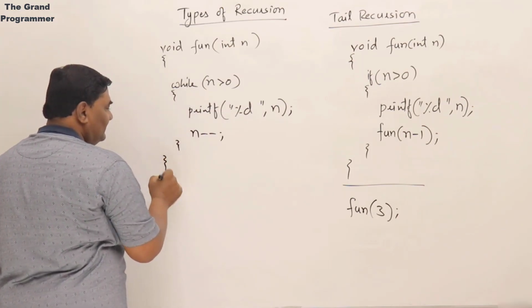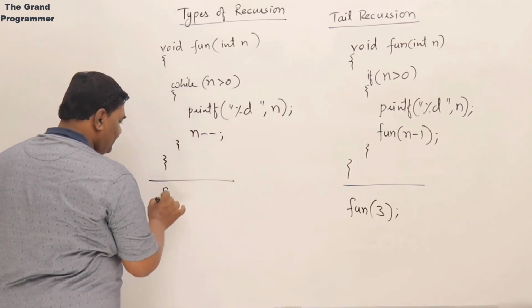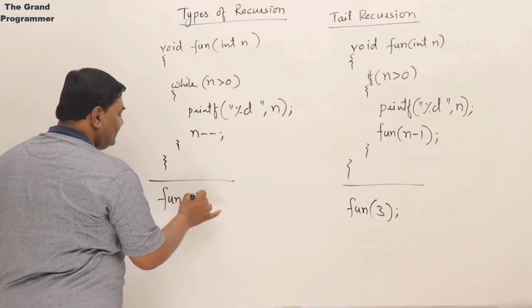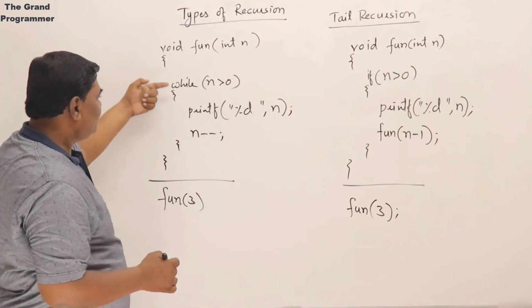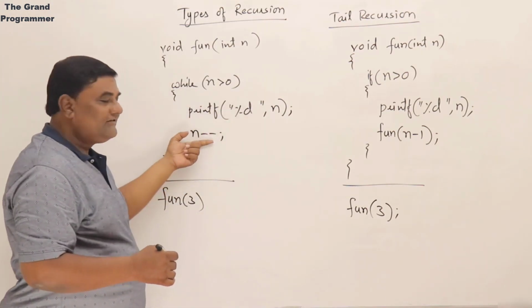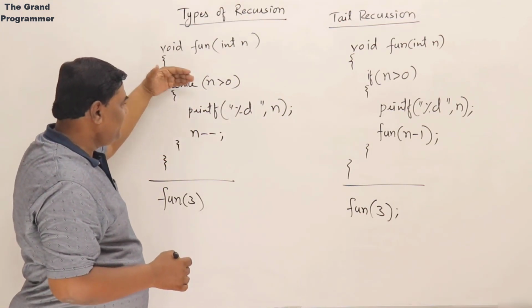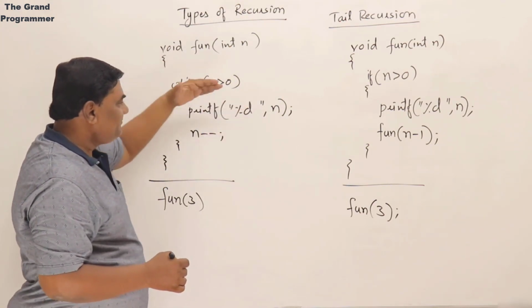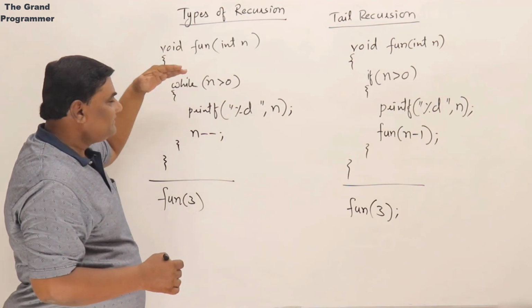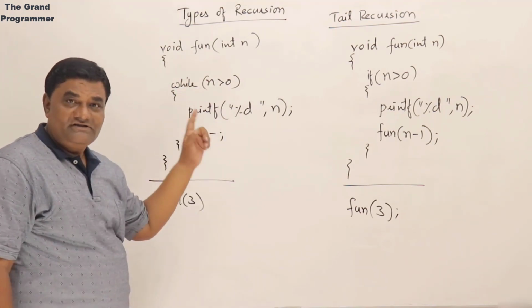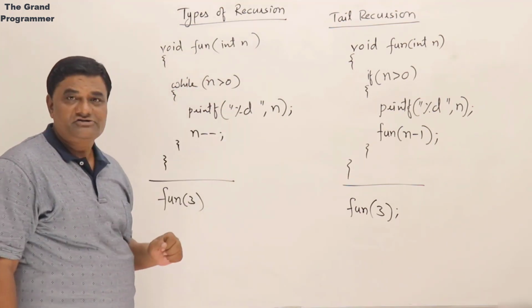That's it. If I call this function by passing value 3, then 3 will be passed here, it will first print 3, then it will make 2, and repeat. So print 2, then repeat, print 1, then repeat, it is 0, so it will stop. So this will work the same as that recursion.